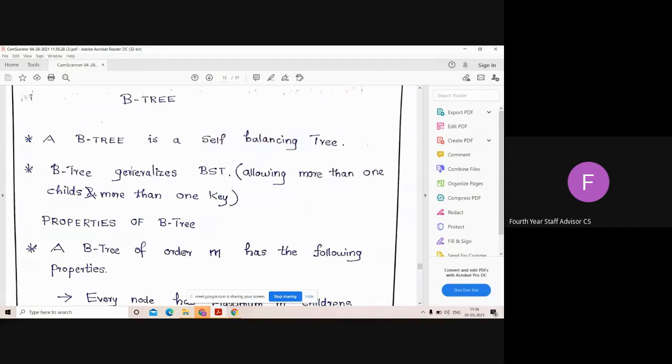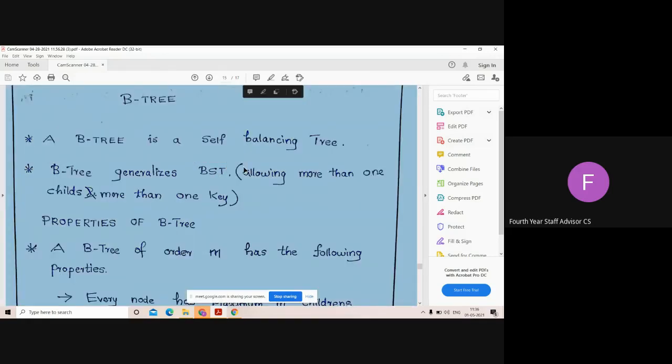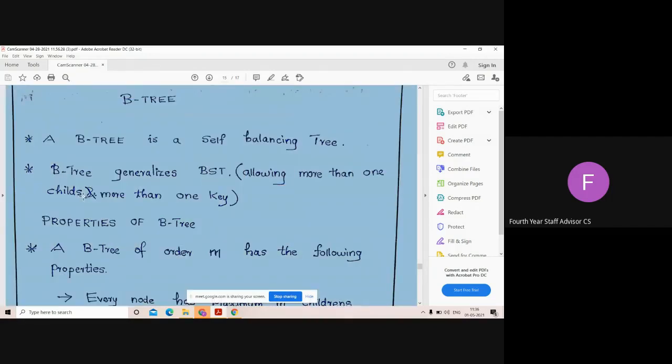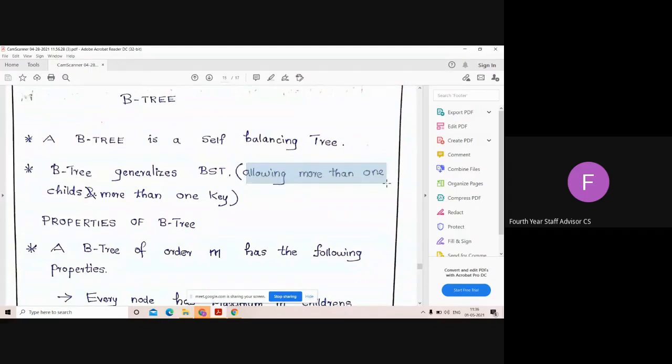Now, next, a B tree is a generalized BST. It is a generalized binary search tree. Why is it generalized? Because it allows more than one child and more than one key in a node.